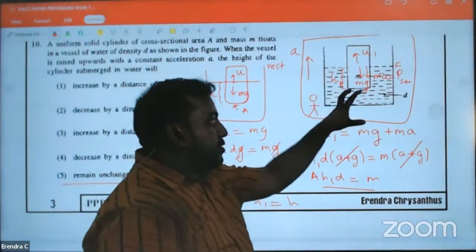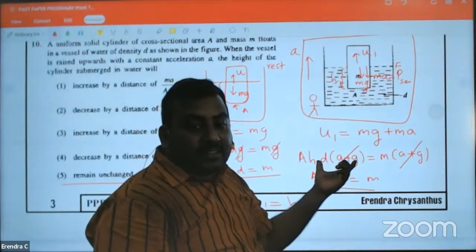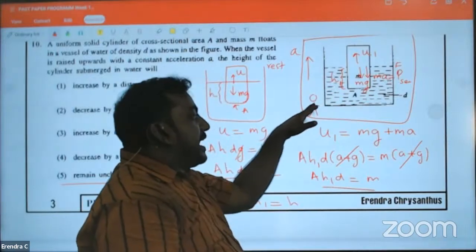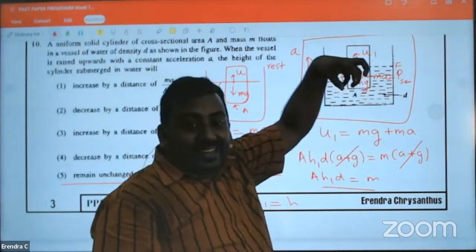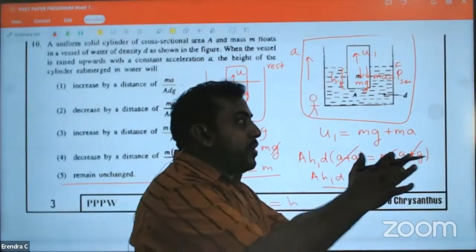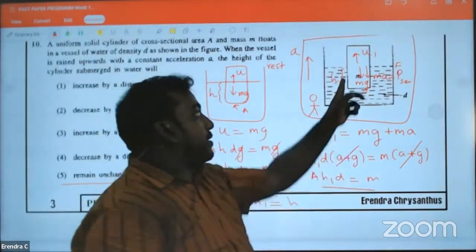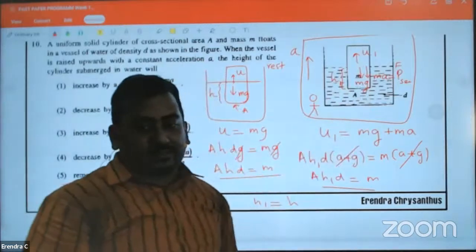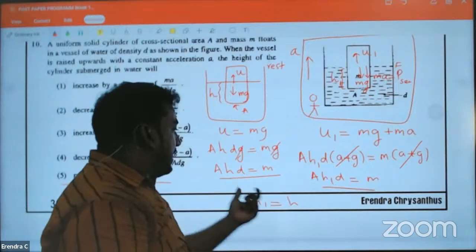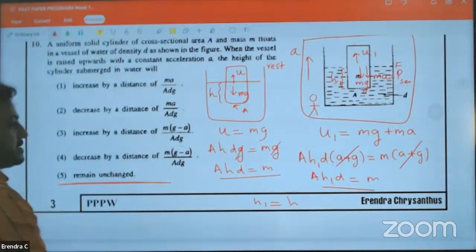What is the key point you should learn here? When this is accelerating, the upthrust is also changing. If you observe from inside, you experience a pseudo force also downwards. When you are going in a bus, you get thrown backwards because there's a pseudo force acting backwards, equal and opposite to the acceleration. So H equals H; the submerged height remains unchanged.